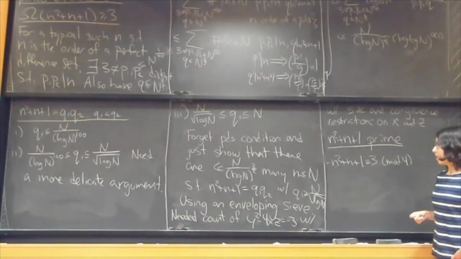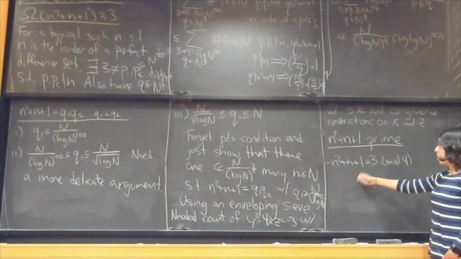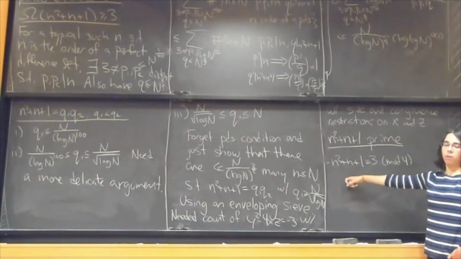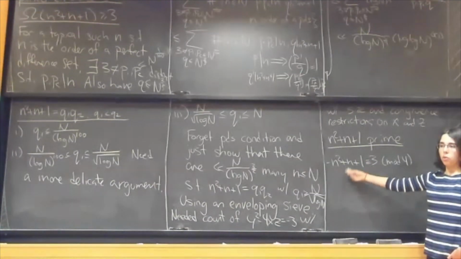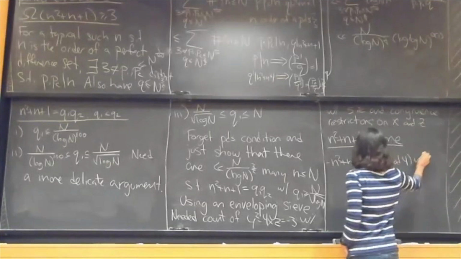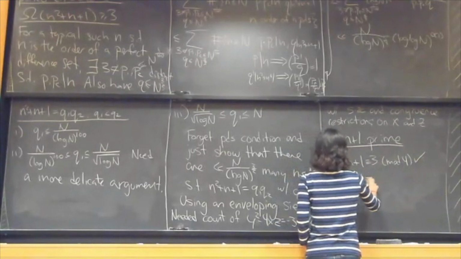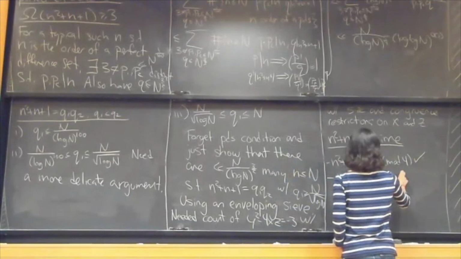So you can upper bound by the number of n such that n squared plus n plus 1 is a prime, and n is only divisible by primes that are 1 mod 4. Then you get a bound of n divided by log n to the 3 halves. So that's easy. And then the hardest case is when n squared plus n plus 1 is 1 mod 4.